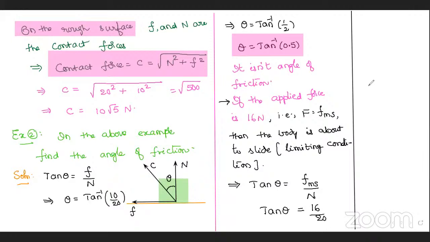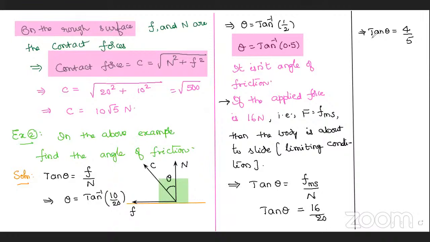37, yes. No problem. Very good. That implies tan theta equals 16 by 20. That is 4 by 5. 4 by 5, I think, is not 37.